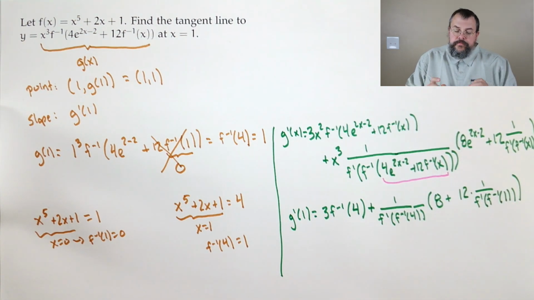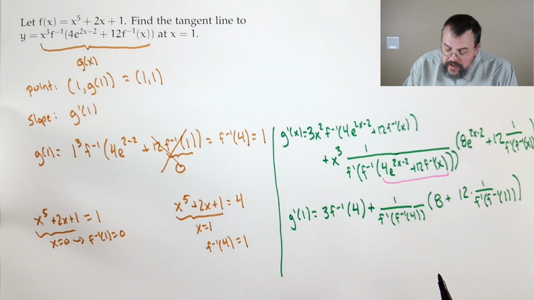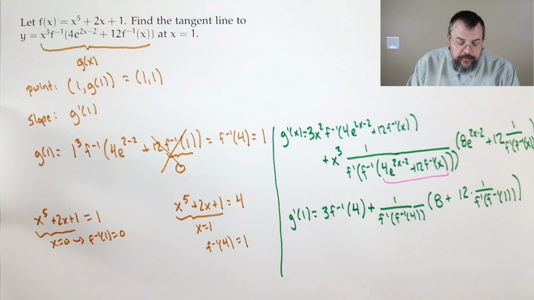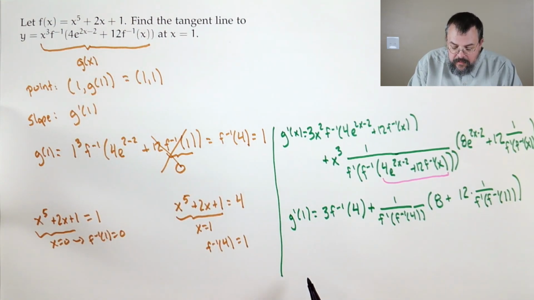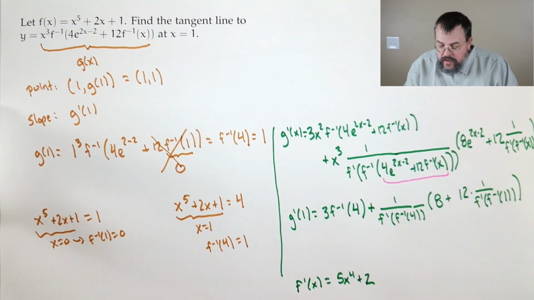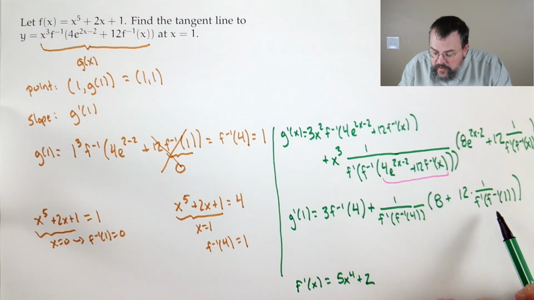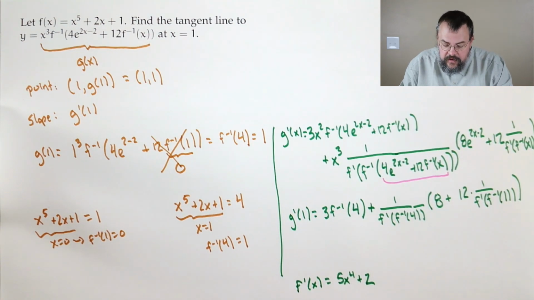Okay, so to make more progress, we really need to figure out what's happening with f prime. So we know what f is, so let's make some notes here. F prime of x is 5x to the 4th plus 2. So let's be careful here. All right, for this term, f inverse of 1 is 0.